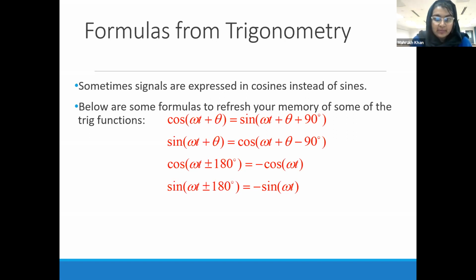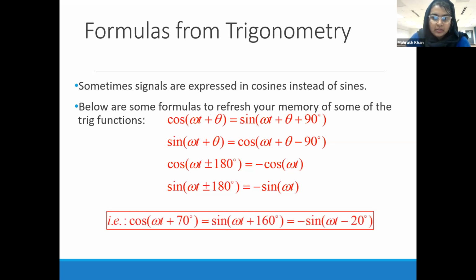Similarly, sine(omega t plus theta) is equal to sine omega t cos theta plus cos omega t sine theta. These are just formulas you need to refresh in your memory, because you may need to convert them interchangeably.